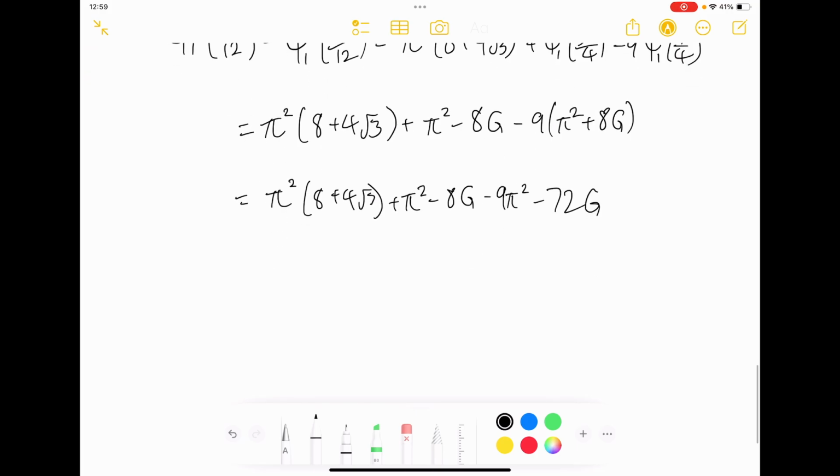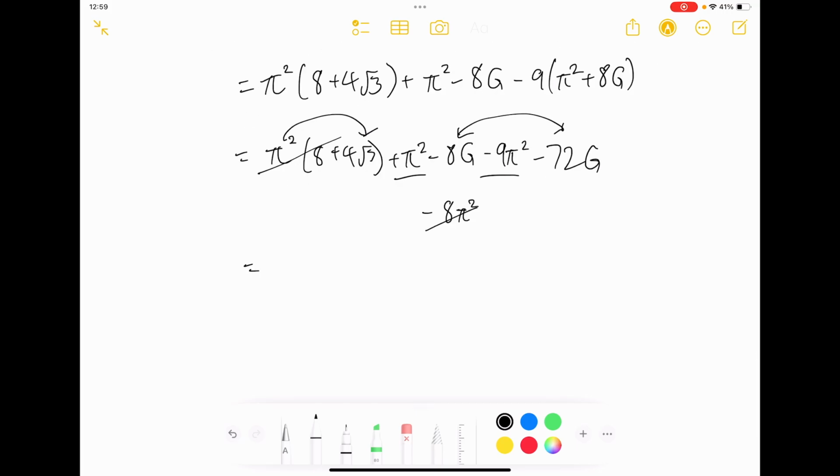Let's see, what can we do? This combines into negative 8 pi squared, cancelling this out with this pi squared, and this combines to be negative 80G. So that's going to get us 4 root 3 pi squared minus 80G.